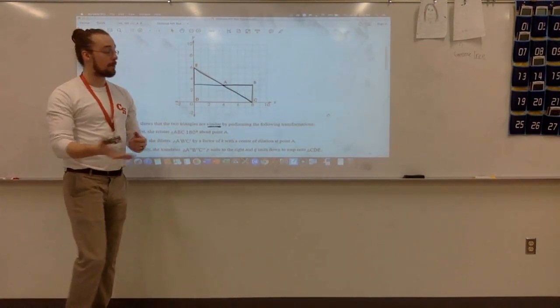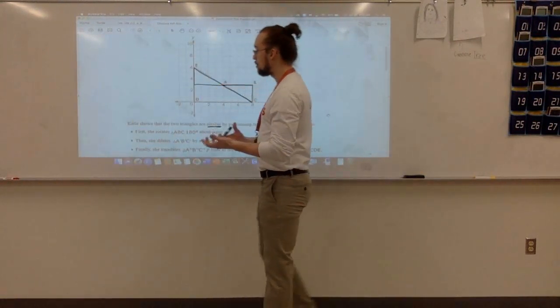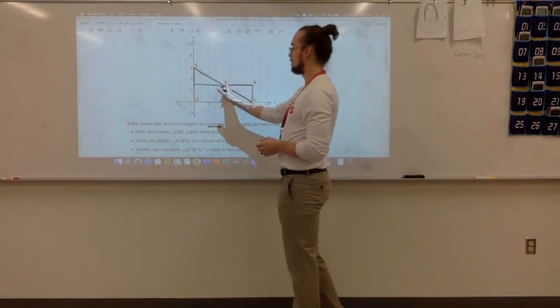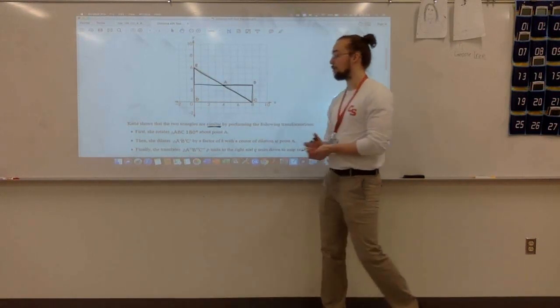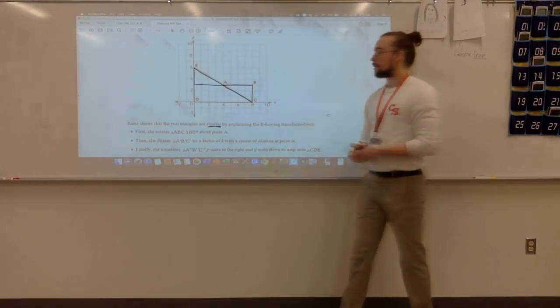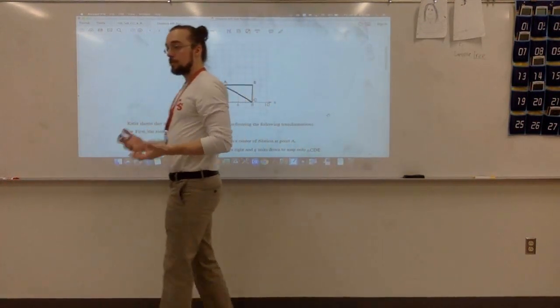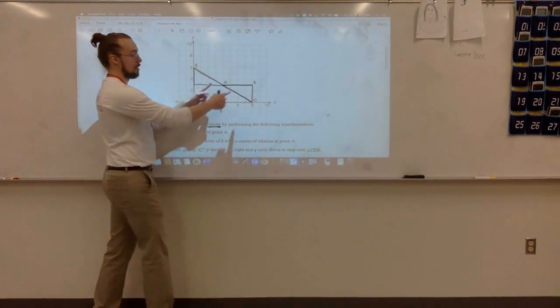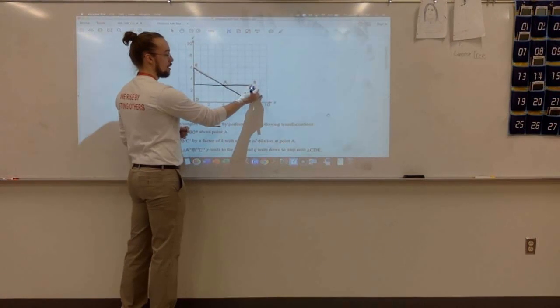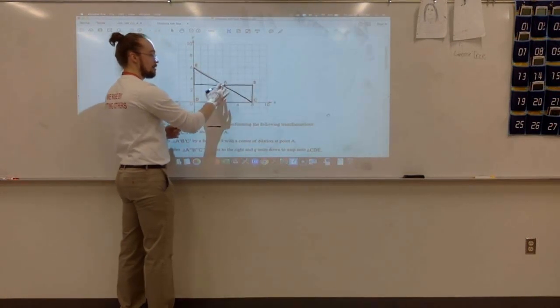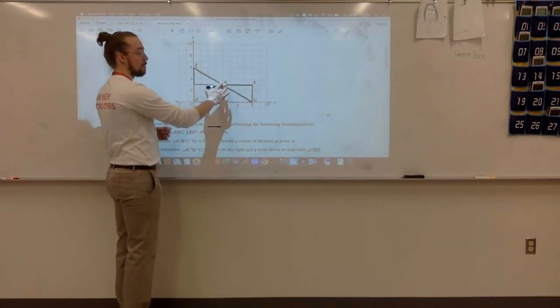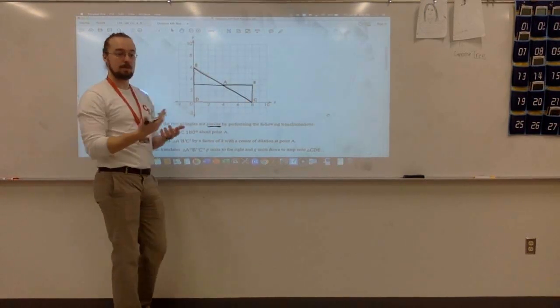We spent a lot of time about the origin, and we spent a little bit of time rotating figures about points other than the origin. So rotating 180 degrees, remember the idea is I'm just going to take each point, figure out that distance, and then for 180 degrees, I'm just going straight through that same distance.